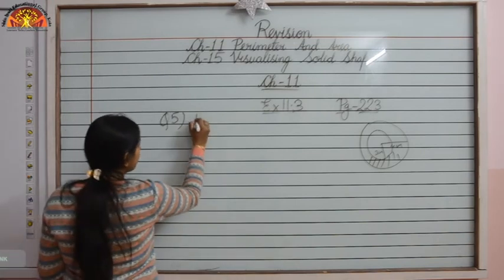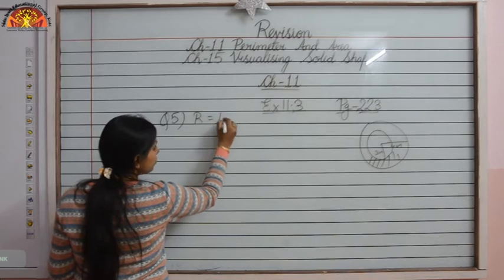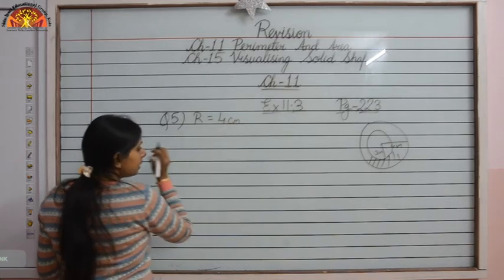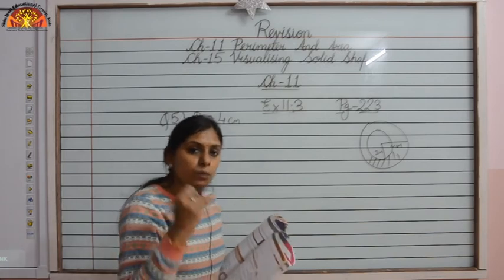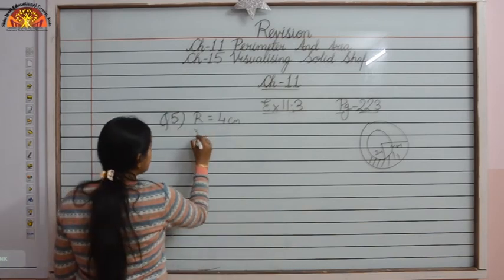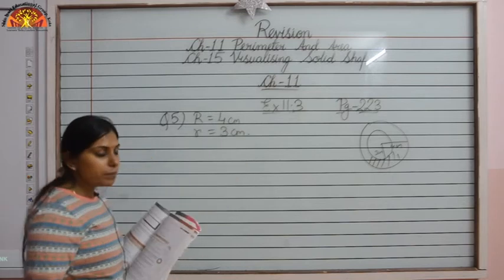So we can just take that the radius of the circular sheet is equal to 4 centimeter, and the circle which we have to remove from the circular sheet, that is the small r, is equal to 3 centimeter, okay.